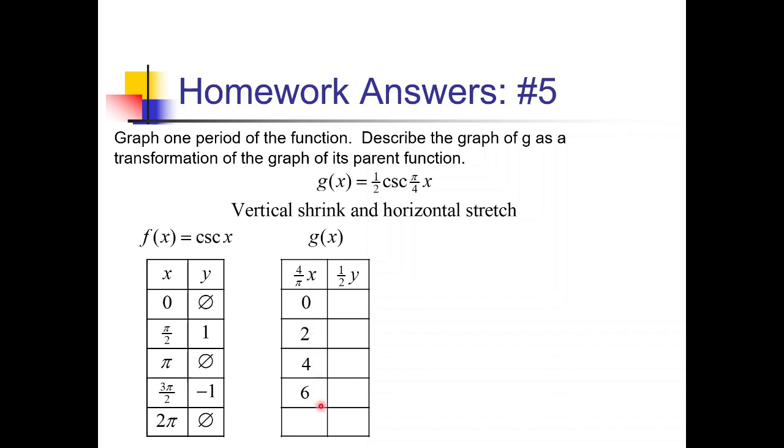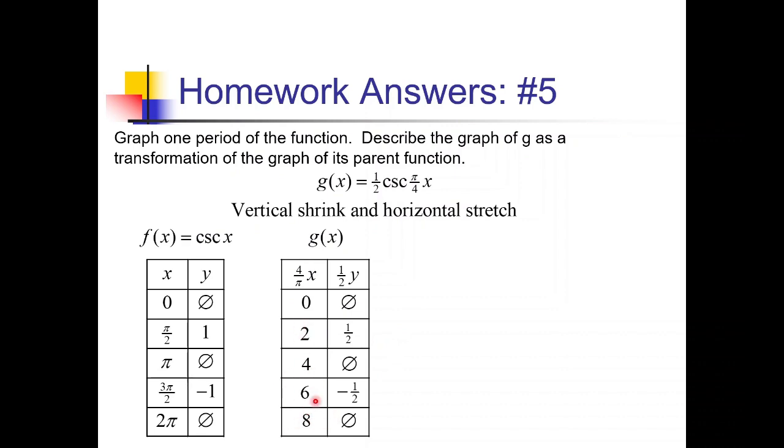We're just going by 2, so this next one's going to be 8 in case you didn't multiply that out anyway. And then we're doing 1/2 times all these y values. The undefineds are still undefined, and then 1 becomes 1/2, undefined again, negative 1 becomes negative 1/2, and then undefined for that last spot.